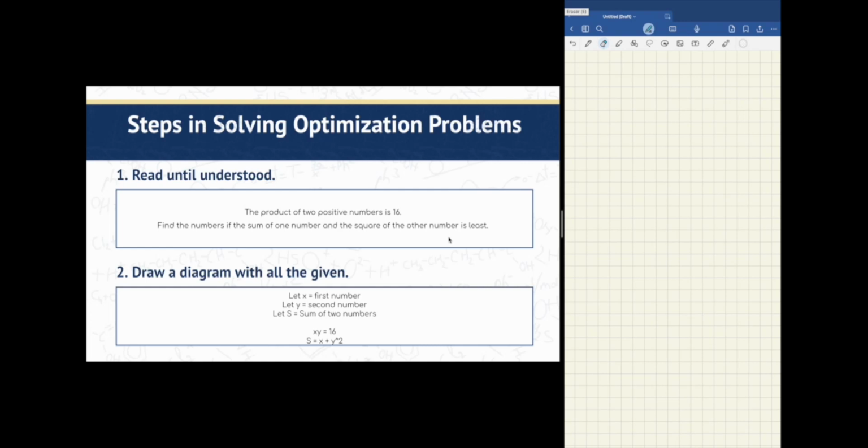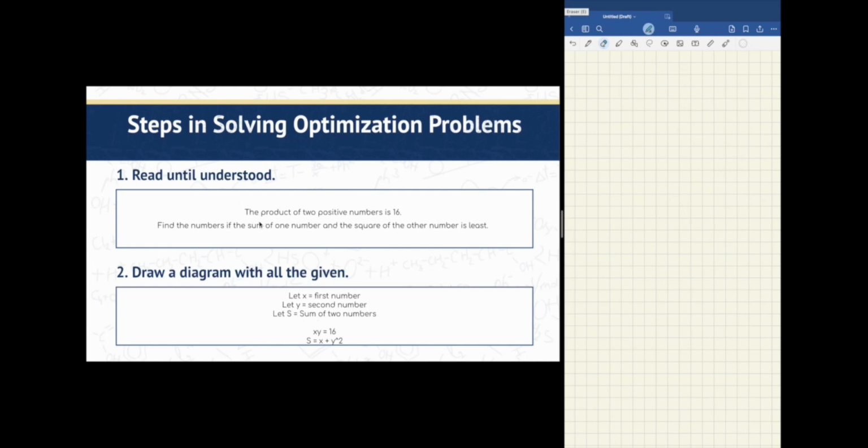So a very helpful tip is to draw a diagram, but in this case, since it is a number problem, we can just write the equation given in the problem. Okay, let's first list all the givens. Let x be the first number and let y be the second number, and let s be the sum of 2 numbers.